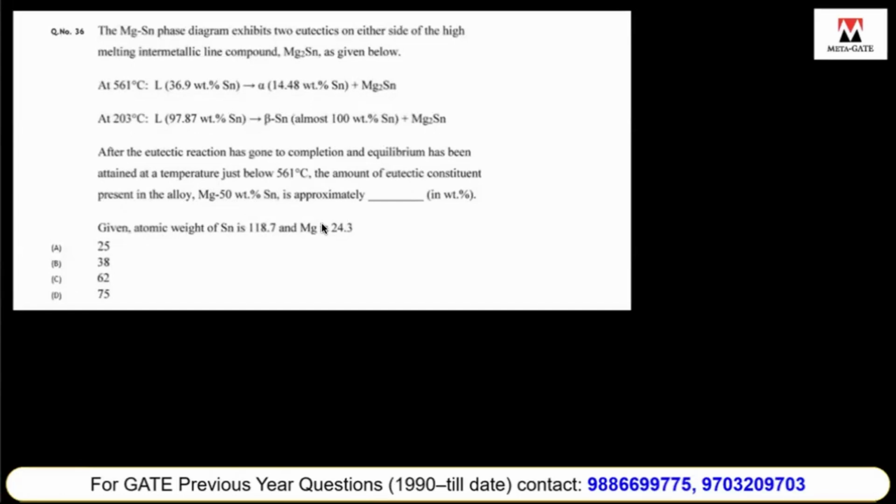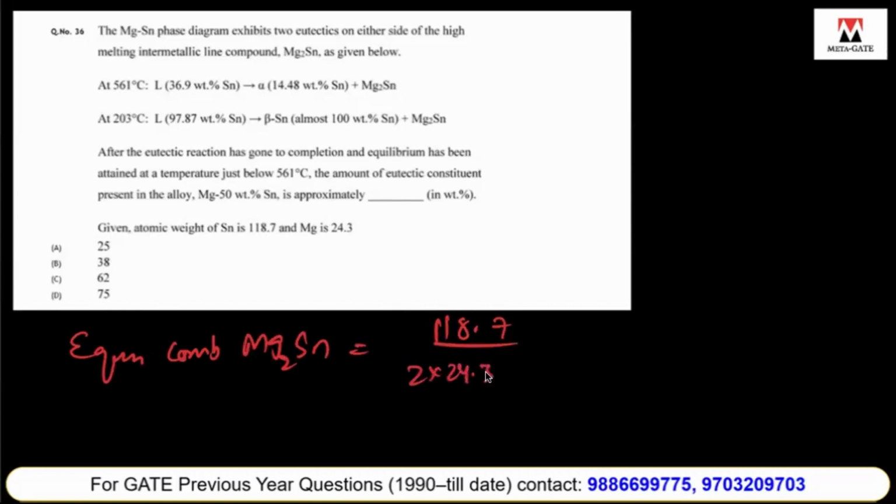So at equilibrium, the composition of Mg2Sn, the tin weight is given as 118.7. So we write in tin weight percentage 118.7 divided by 2 into 24.3 plus 118.7, which is equal to 70.95. This is the equilibrium compound tin percentage in weight percentage of tin. Now you need to apply this at the eutectic.